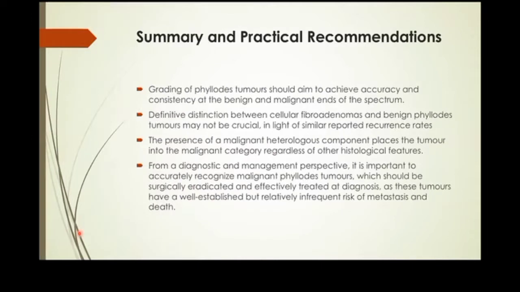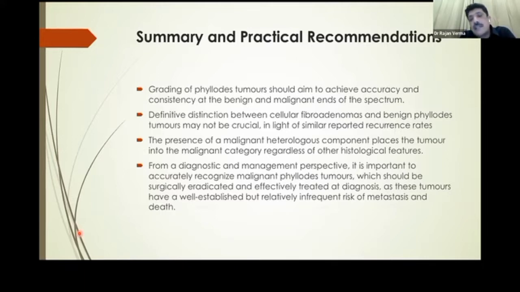So the summary and practical recommendations which we carry home now is that the grading of phyllodes tumor should aim to achieve accuracy between the malignant and the benign counterparts. The definitive distinction between cellular fibroadenomas and benign phyllodes tumors may not be very crucial because they have similar reported recurrence rates.